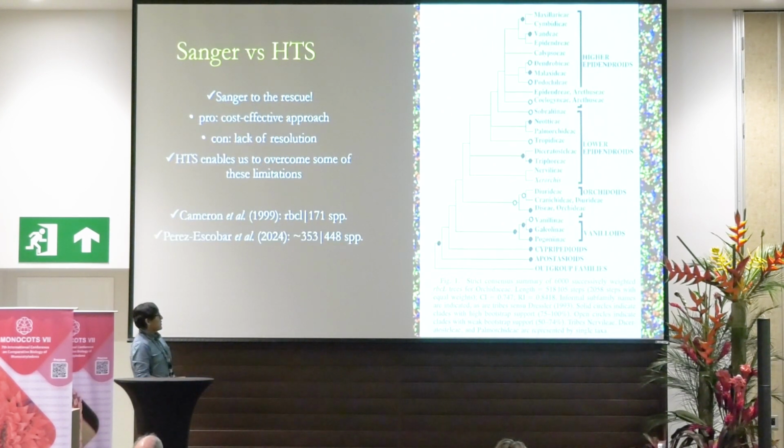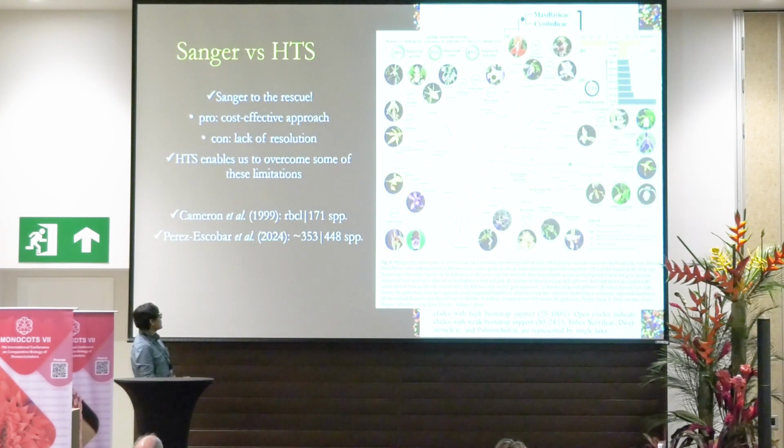And just in the morning, Oscar showed us this wonderful work using close to 300 loci and more than 400 species, which gives us a really interesting and broad perspective of current orchid relationships.